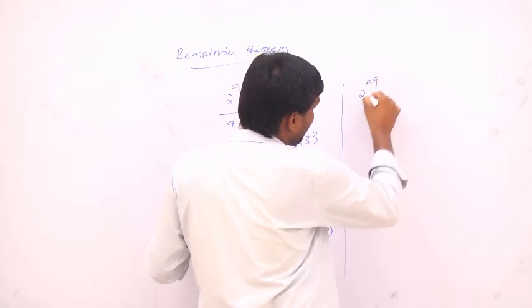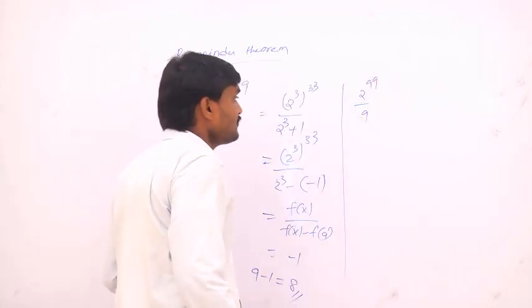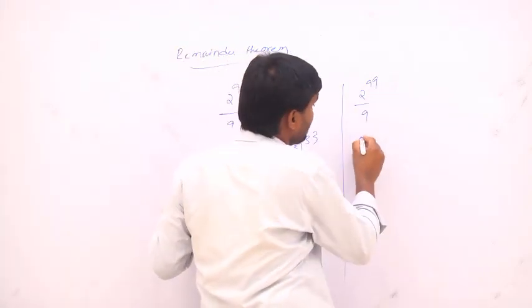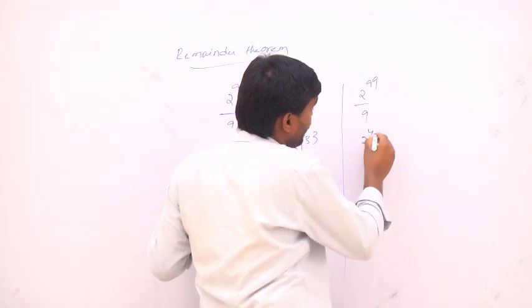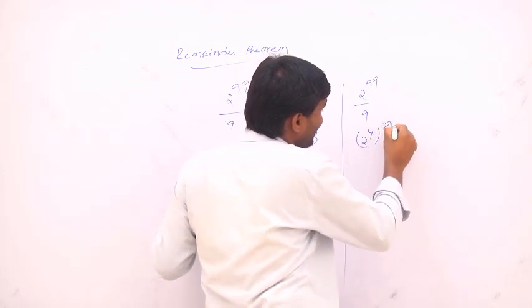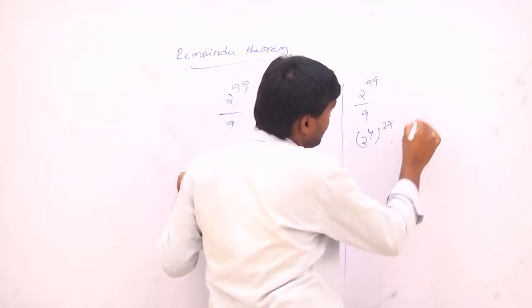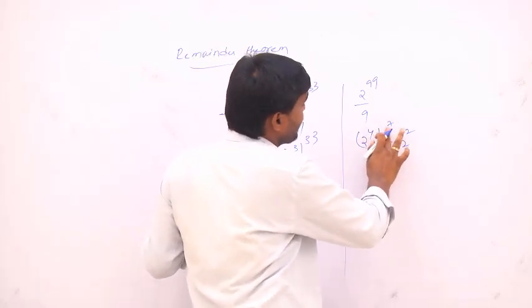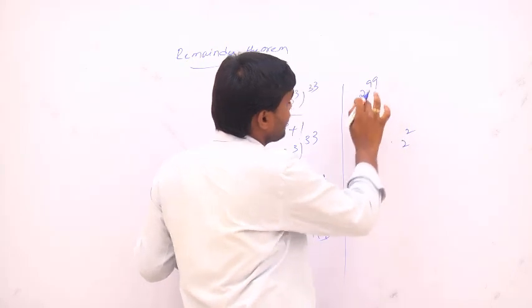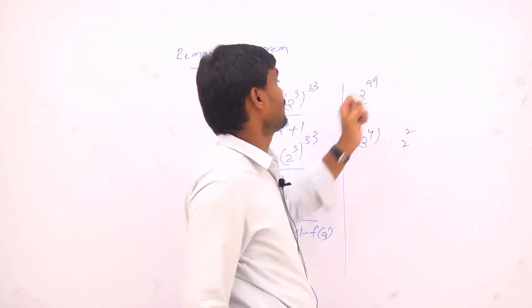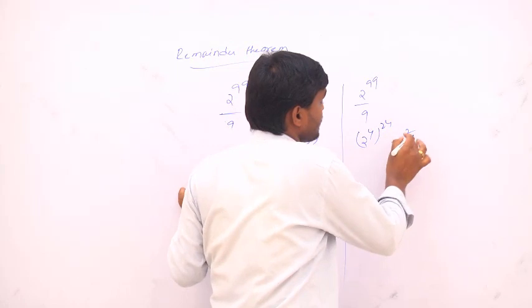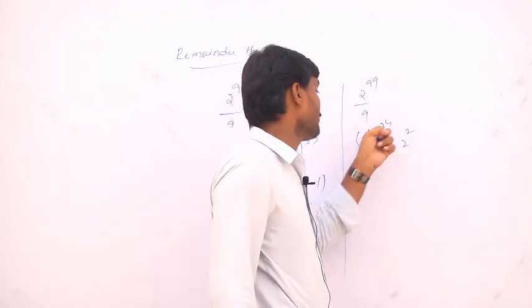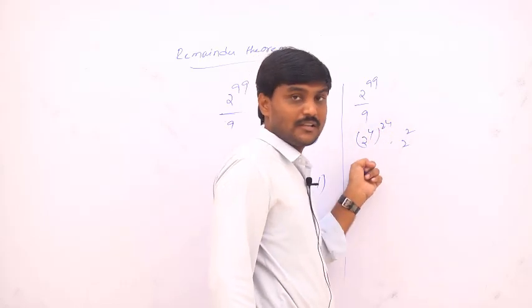2 power 99 by 9. So here you can take 2 power 4 into 24, plus 2 square, because a power m to the power n is a power mn.